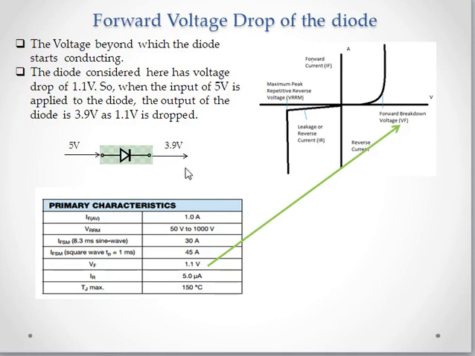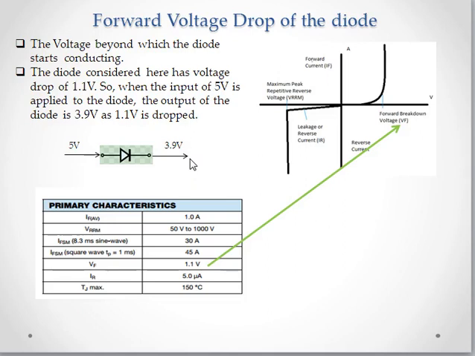The output would be 0. That means when I apply 0.5 volts, the output is 0. But what is the operation that is expected when you apply 0.5 here? Ideally, in this scenario, the output is 0. So that means there should not be any current flowing across this diode.